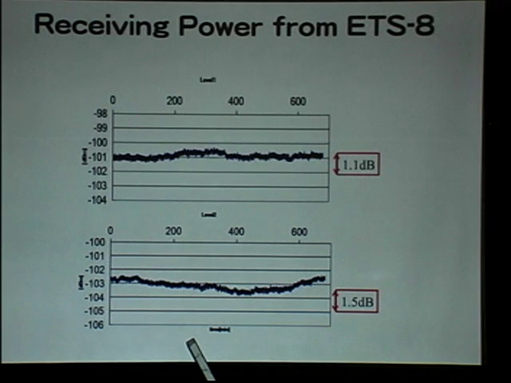In this case, only 1.5 dB. ETS-8 has a very big antenna that moves and shakes like this, so maybe this small variation depends on the changing shape of the transmitting antenna.